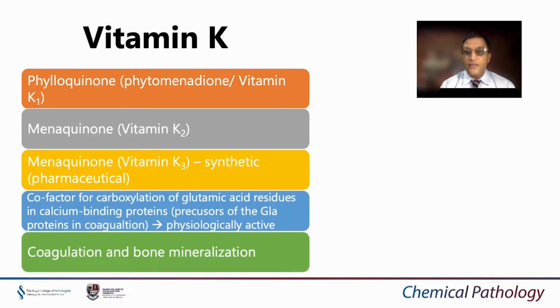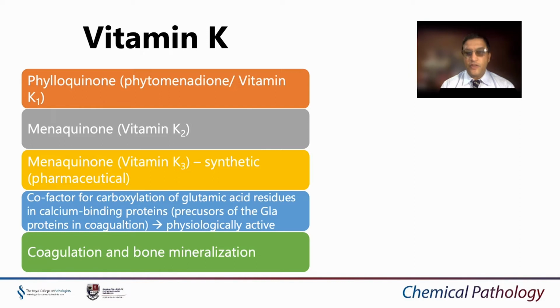Vitamin K. Vitamin K1 is termed phylloquinone, vitamin K2 menaquinone, and a synthetic derivative of vitamin K2 is called vitamin K3, and this is commonly used to treat patients. Vitamin K employs carboxylation of glutamic acid residues on proteins.